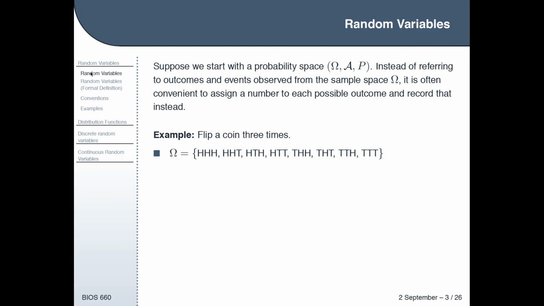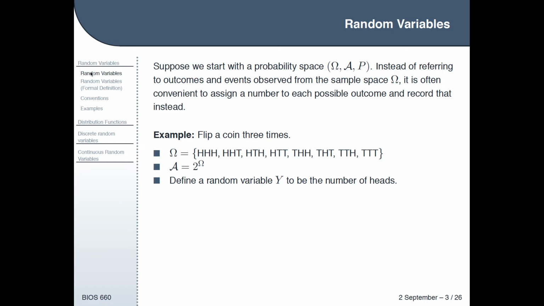You could have 3 heads, you can have 2 heads and a tail, heads, tails, heads, heads, tails, tails, etc. The set of possible events would just be the power set of that, a fairly large thing. But to make our lives simpler, you could define a random variable Y to be the number of heads.